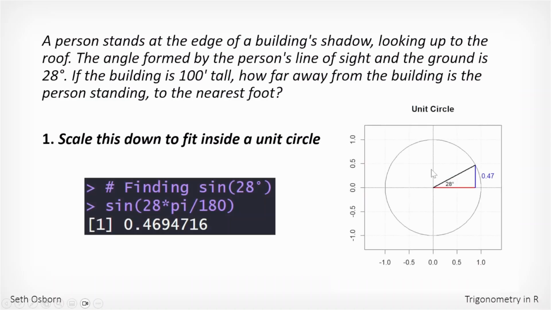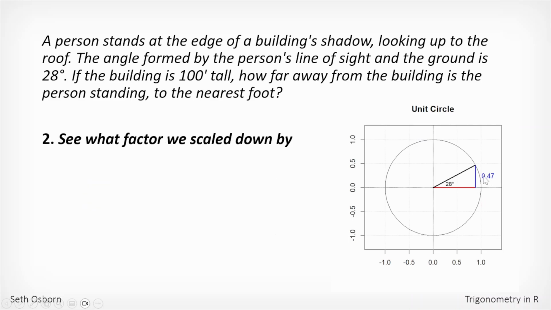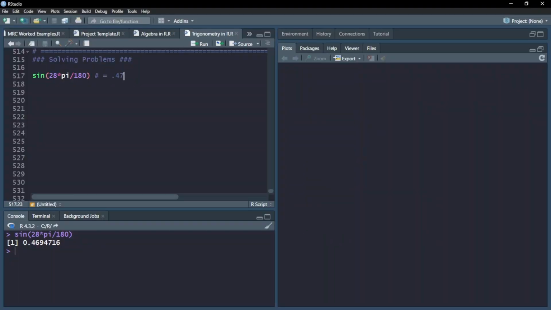What that means is if we scaled this triangle down to fit inside a unit circle, that 100 feet would become 0.47 approximately. So we went from 100 down to 0.47. We need to see what factor we scaled down by. That's pretty easy to do. We can say 100 divided by, and I'm going to be very precise, 0.46947, etc. This is equal to, I'm just going to call it 213.